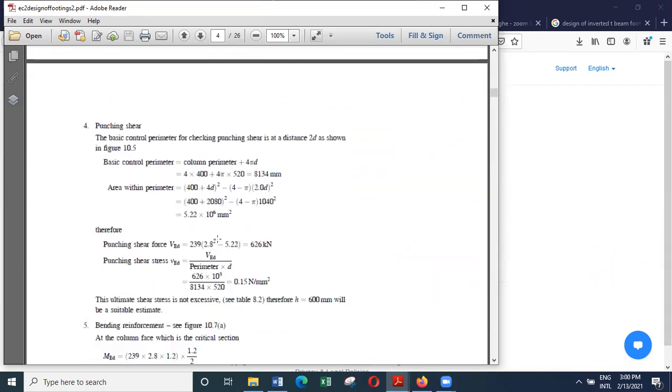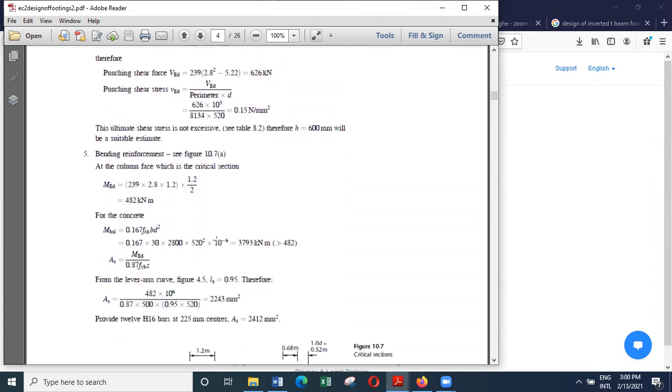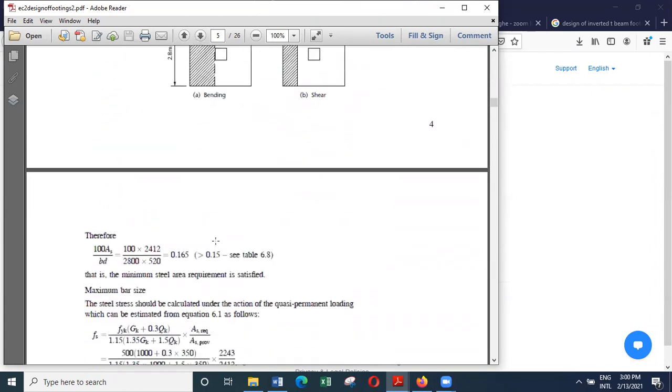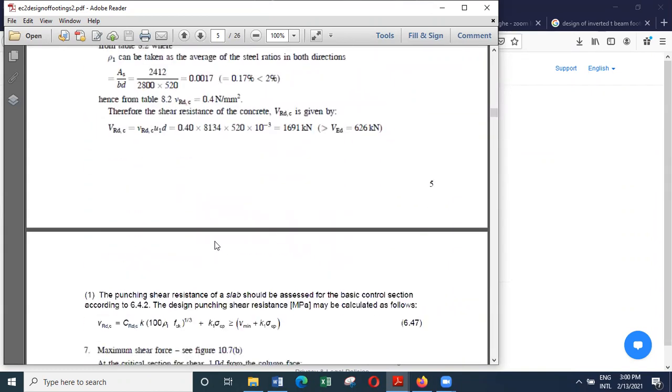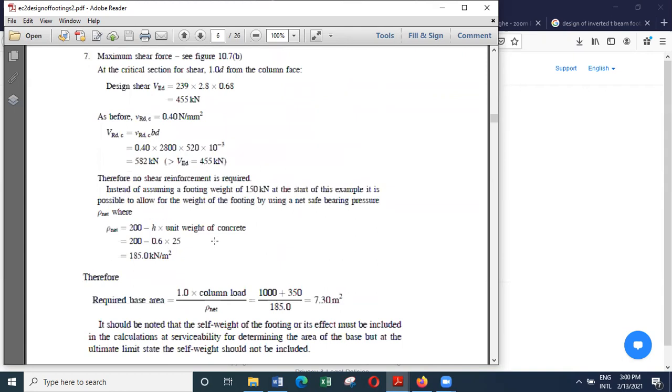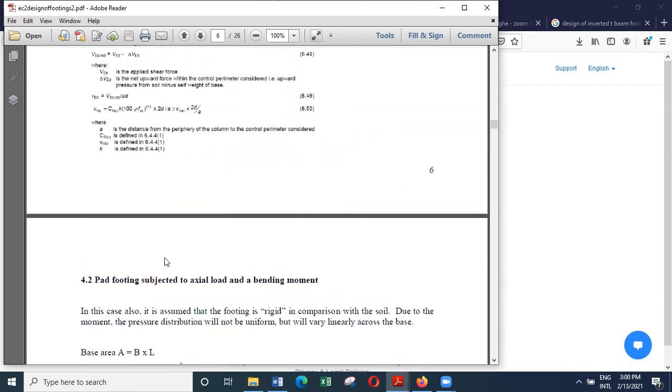But this particular pad footing is subjected to a vertical load only, and there's no bending moment acting on the section. So we'll take a break now, and after the break we'll discuss how to deal with a pad footing subjected to axial load and a bending moment.